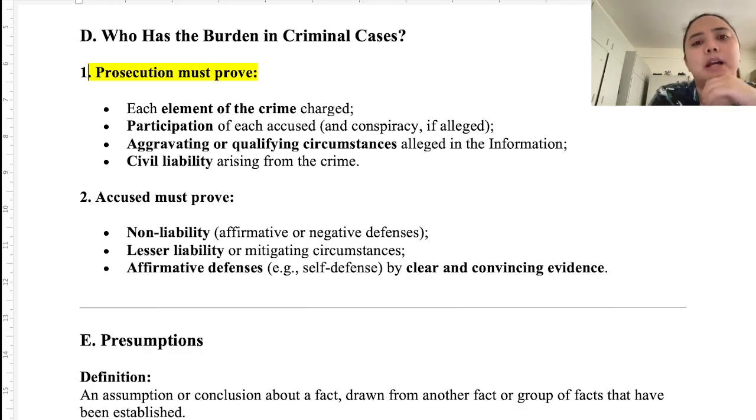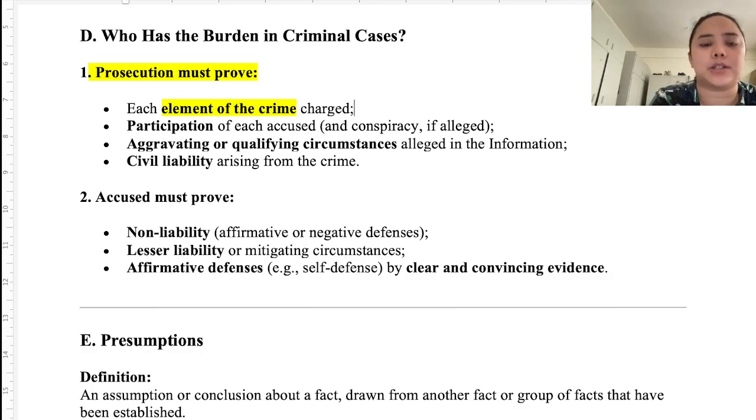Okay? Kailangan ma-prove niya nga tanan nga elemento sang crime natabo. If it is homicide, was there intent to kill? Is there a dead body? Was there a positive identification of the accused? Okay? So, kung murder, dapat ara ang mga circumstances, qualifying circumstances.